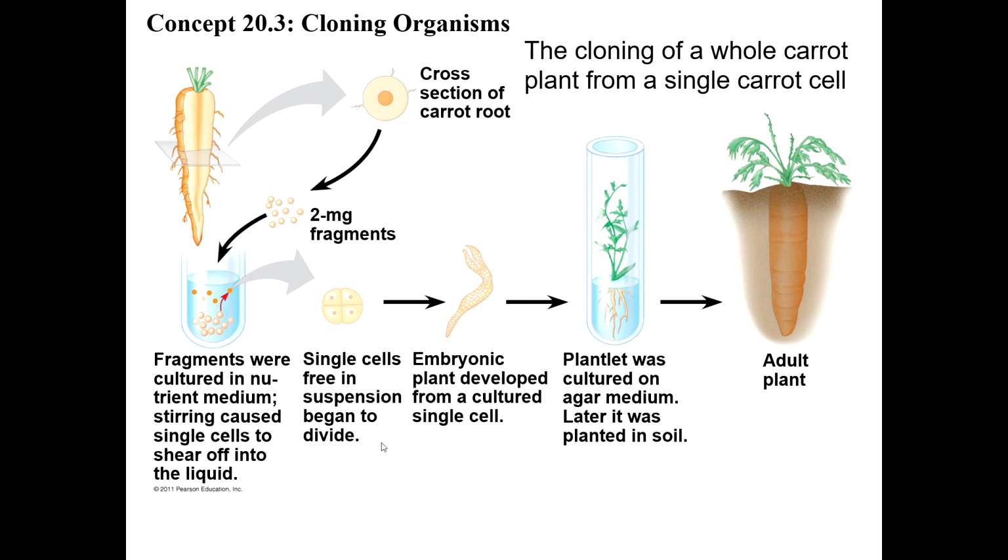In fact, when I first got out of college, I worked at a tissue culture lab in Apopka, the indoor foliage capital of the world, where they were just starting to do tissue culture, where we would take fragments from our plants. We were actually growing ornamental plants, indoor plants, and we would take some cells from those plants and put them in a test tube with some culture medium, and it would actually grow a new plant.